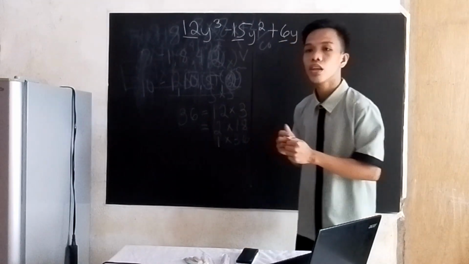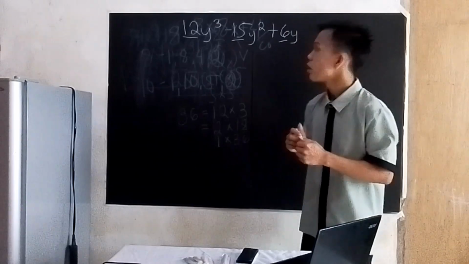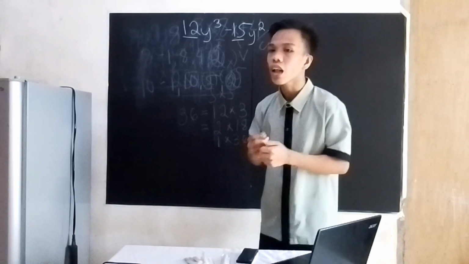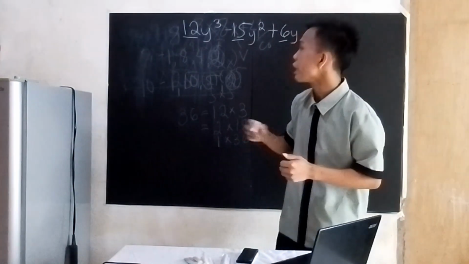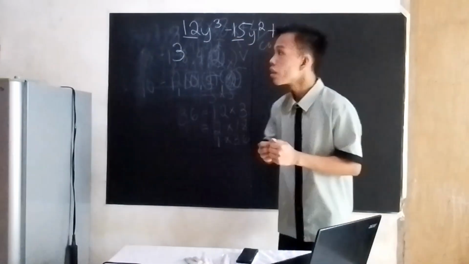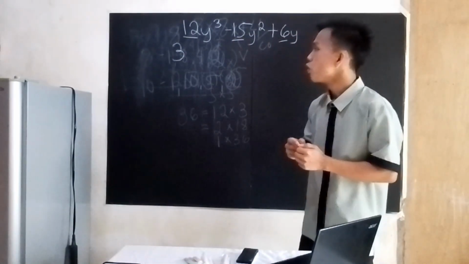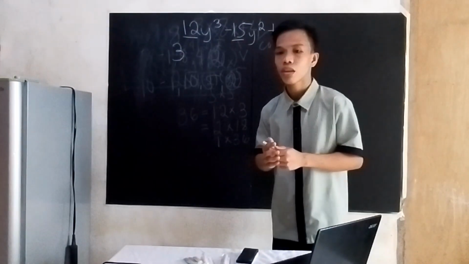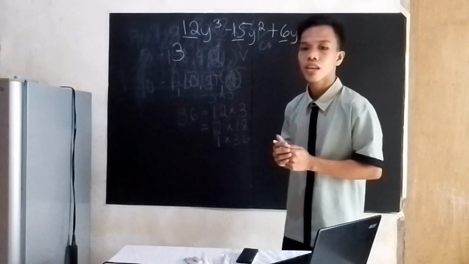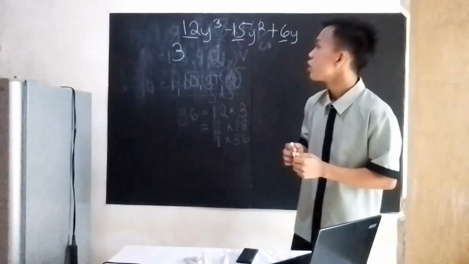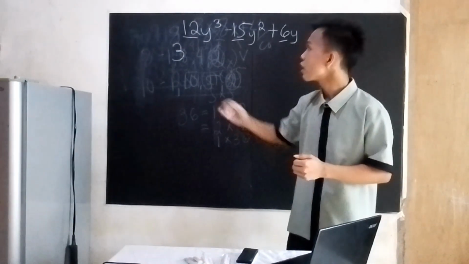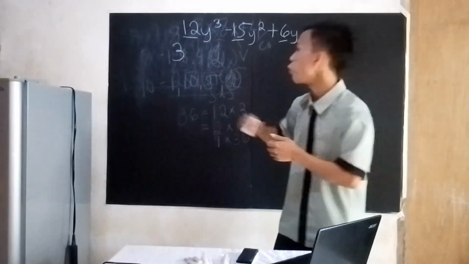Yes, Marina. That's right. We can divide it by 3, they are all divisible by 3. So 3. The next, focus on the variable. Again, what is the variable? Yes, Manansala. That's right. The variable is the letter. So our letter here is, that's right, y.